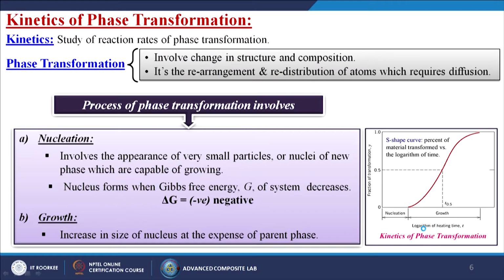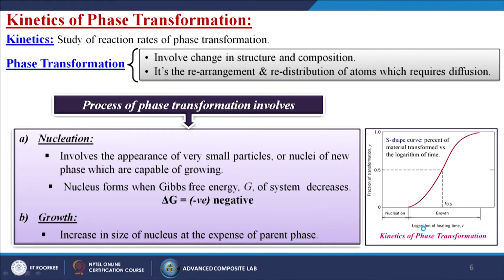Now, what is the actual kinetics of phase transformations? Generally, kinetics is the study of reaction rates of phase transformations. Phase transformations involve a change in structure and composition of any kind of material. It is the rearrangement and redistribution of atoms, which requires the diffusion process.